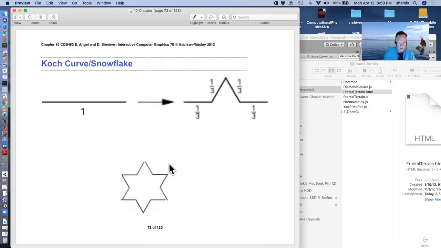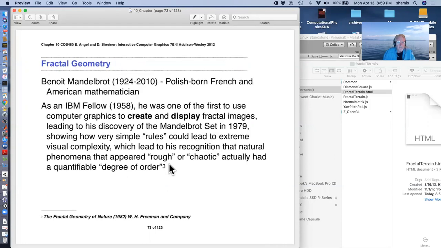What we're doing with the Koch Snowflake, we're taking each of these lines, we're dividing it into thirds, we're displacing the center so that we get an equilateral triangle with sides that are exactly 1/3 long. And we do this recursively with each of the straight edges of our Koch Snowflake.